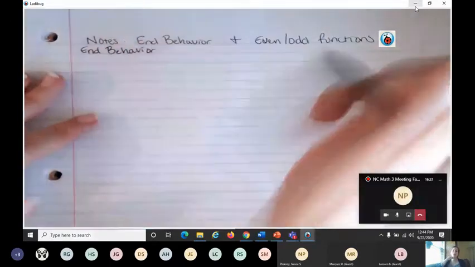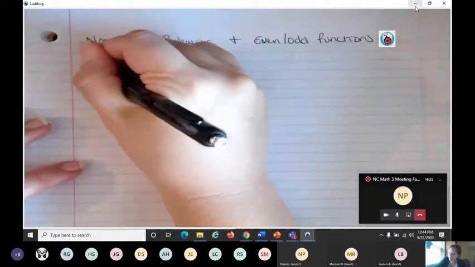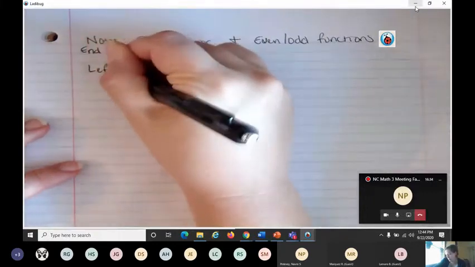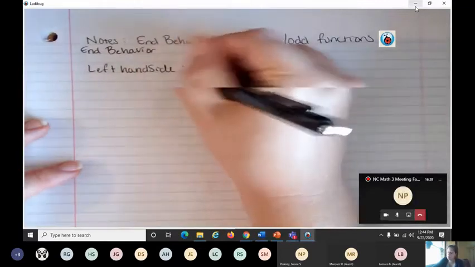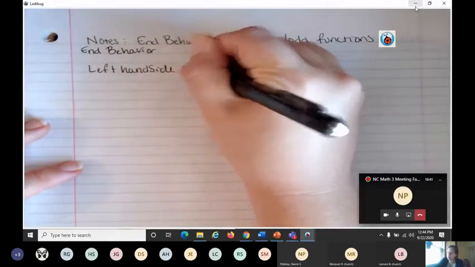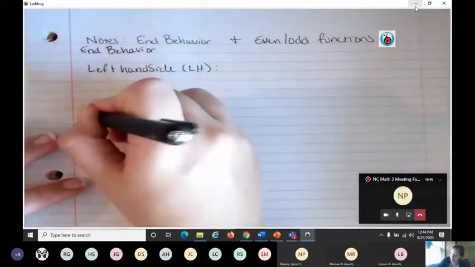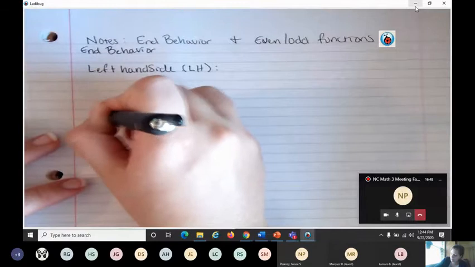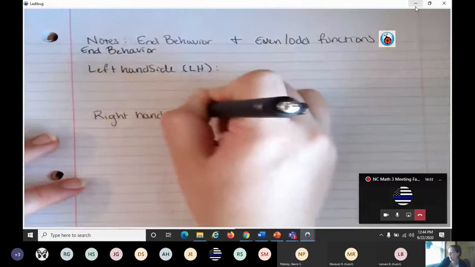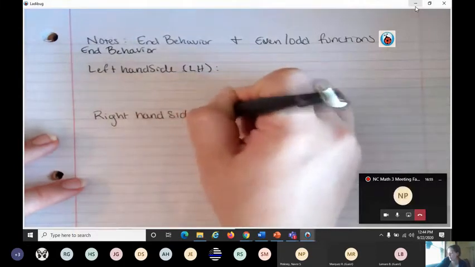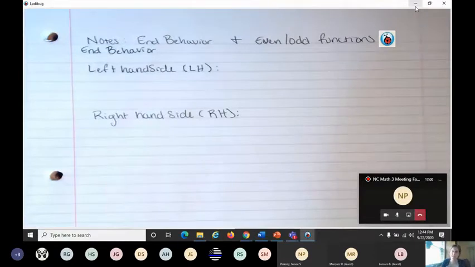Okay, there are 2 ends to any function, right? There's going to be the left-hand side and we're going to kind of abbreviate that as LH. And then there's also going to be the right-hand side. And we're going to abbreviate that as RH. Okay, so those are the 2 ends that we're looking at, the left end and the right end.